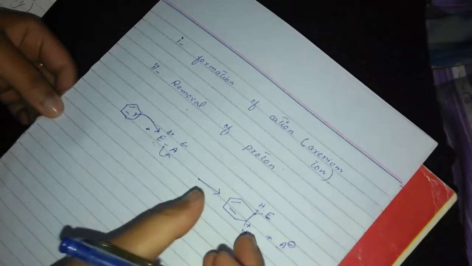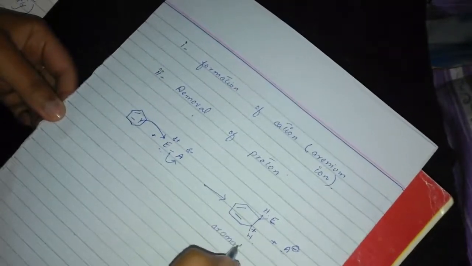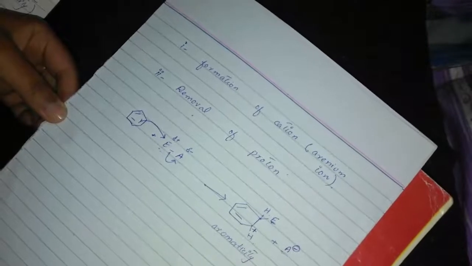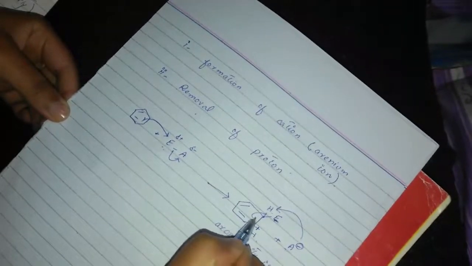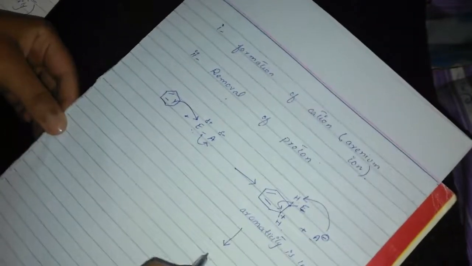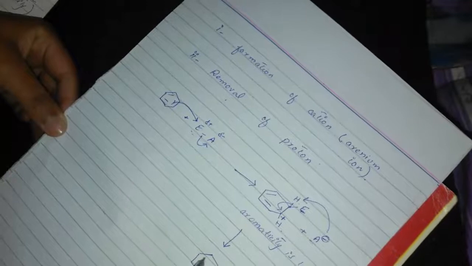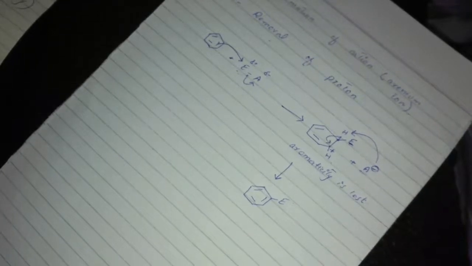At this stage its aromaticity is lost. These electrons come again, and in this second step the aromaticity is regained, and we are provided with the substituted product.